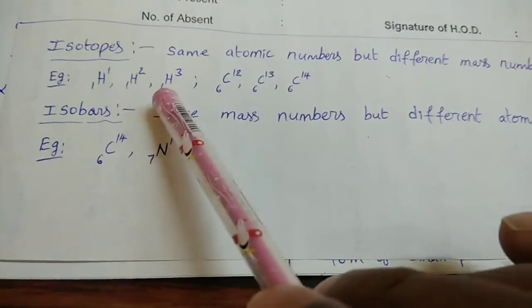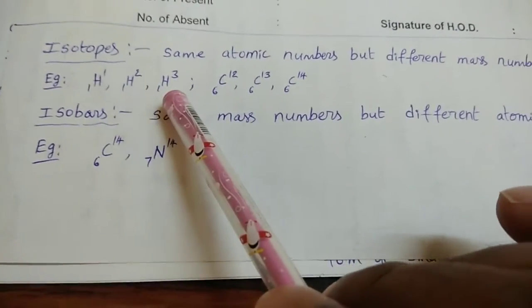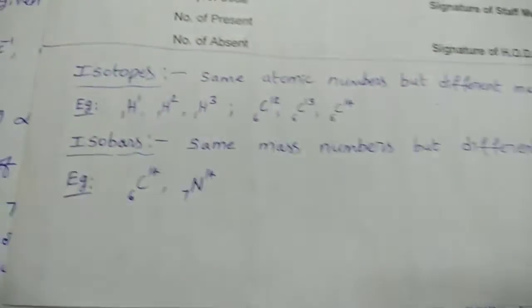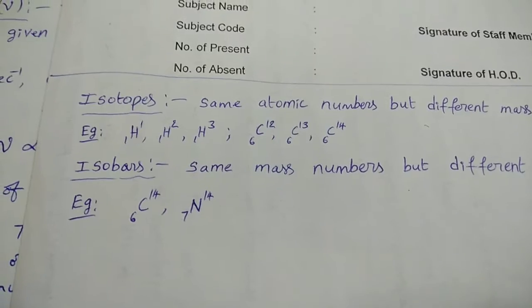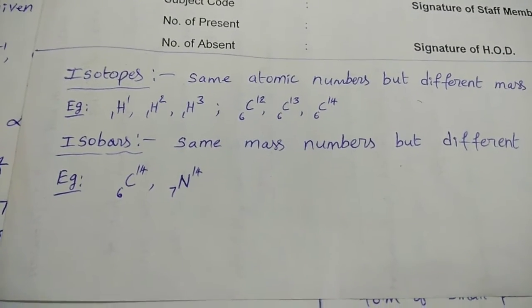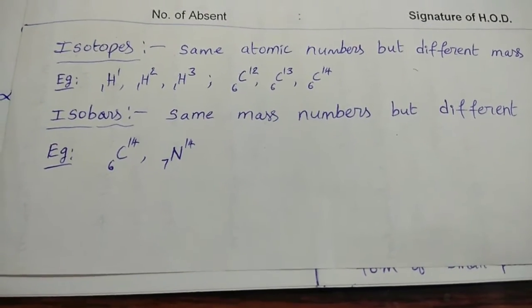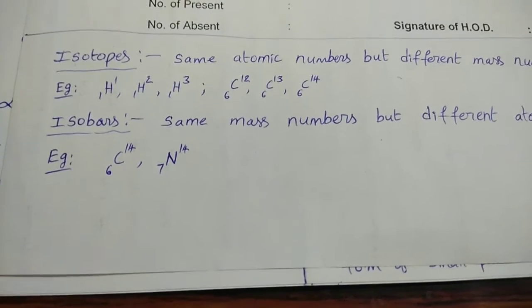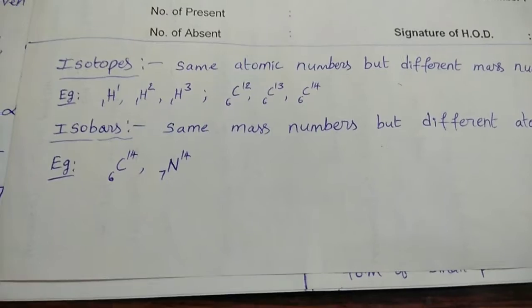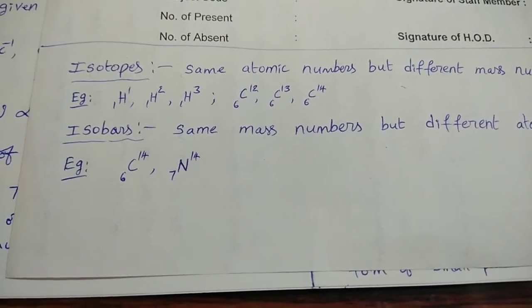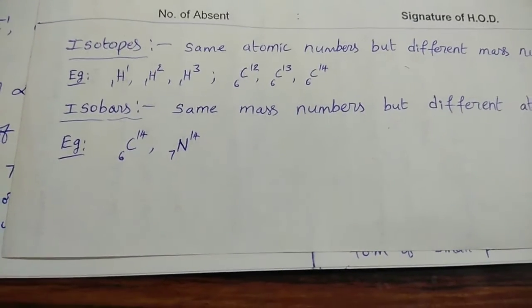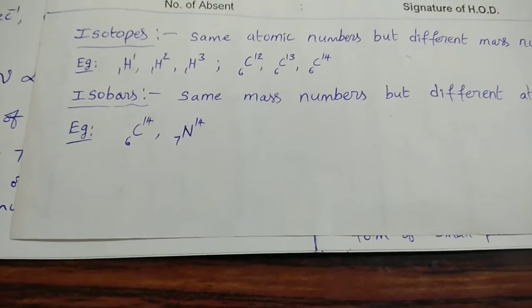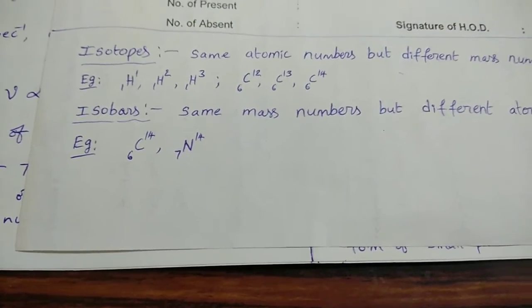All these elements' atomic numbers are the same, which means these species belong to the same element, hydrogen, and the superscript numbers 1, 2, 3 are different. Those represent mass numbers. So these are isotopes of hydrogen. H11 means protium, H12 deuterium, H13 tritium. In the same manner, carbon also has isotopes C612, C613, C614.